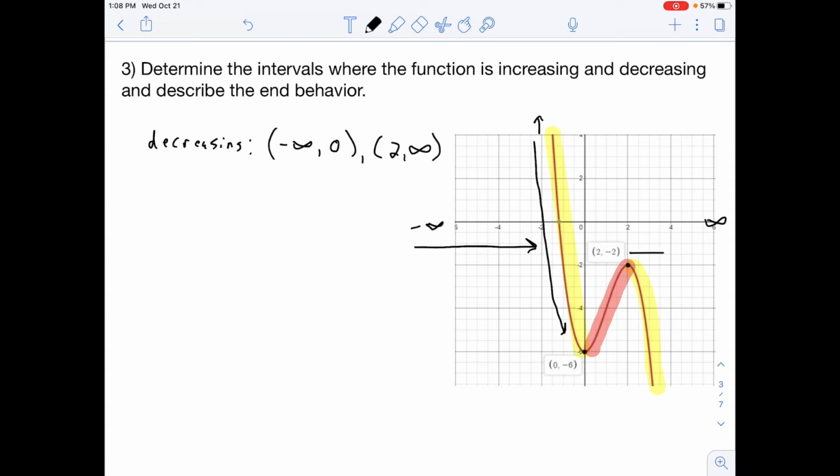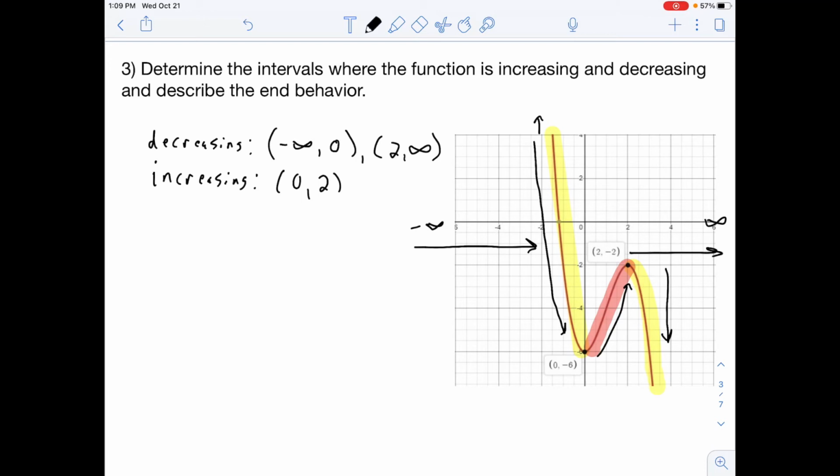As we go from here all the way to the right, the function is going down, decreasing. And then we are increasing from 0 all the way to 2, right, from here to here.